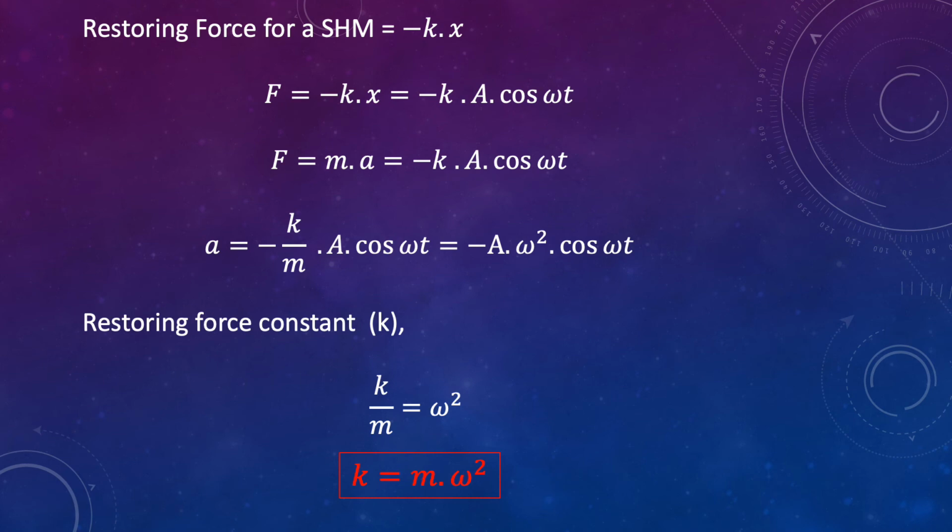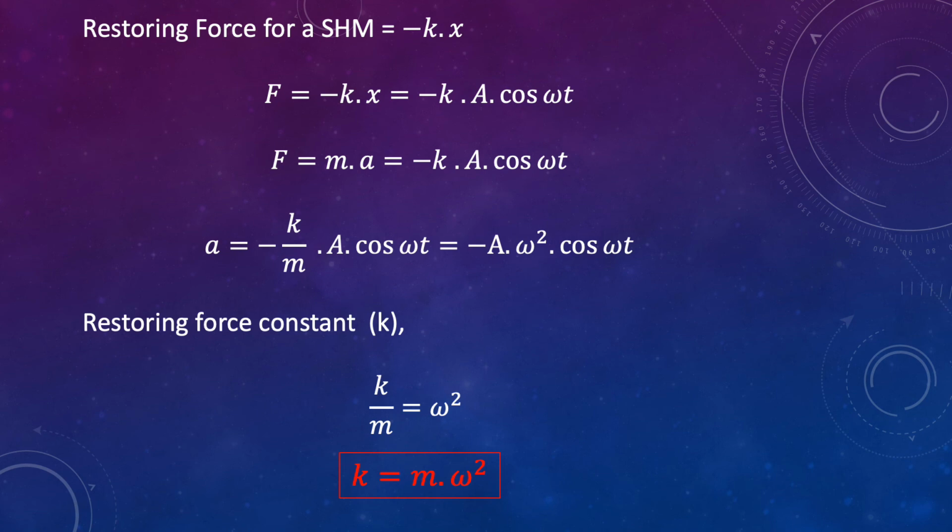According to Newton's second law, force is equal to mass times acceleration. Therefore, mass times acceleration is equal to negative k times capital A, the amplitude, times cos omega t. Rearranging, acceleration is equal to negative k divided by m times A cos omega t.